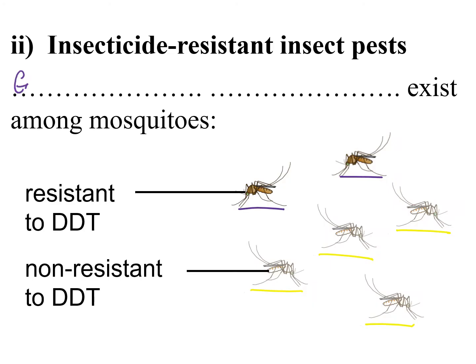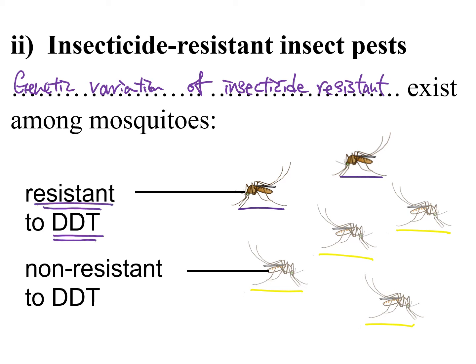In the beginning, genetic variation exists among the mosquitoes, a genetic variation of insecticide resistance. Some of the mosquitoes are resistant to the DDT pesticides, while some of them are not resistant to the DDT pesticides.